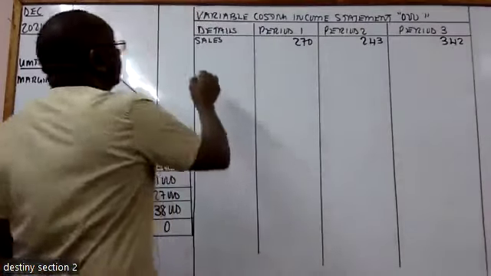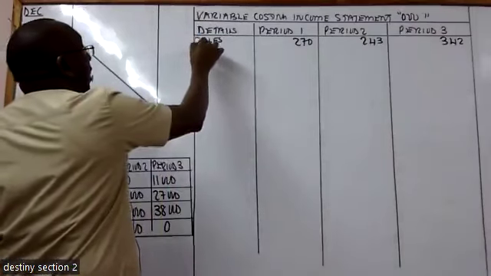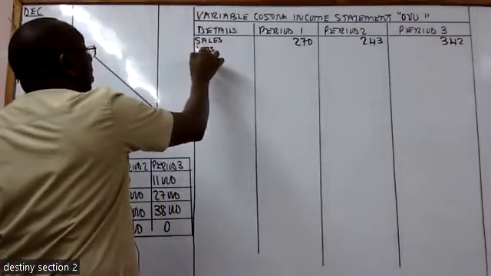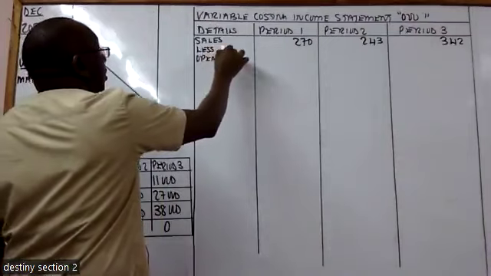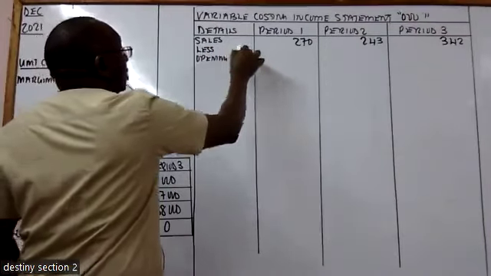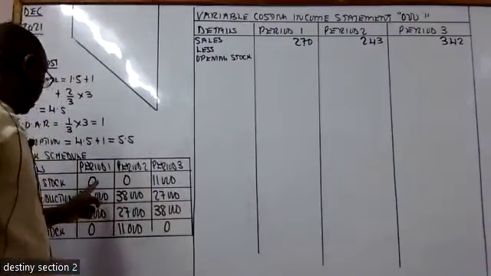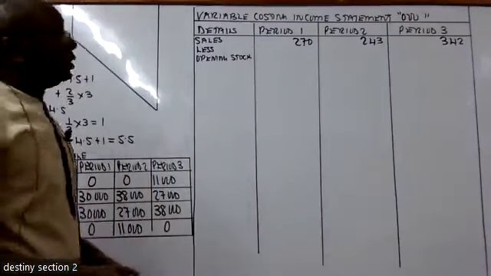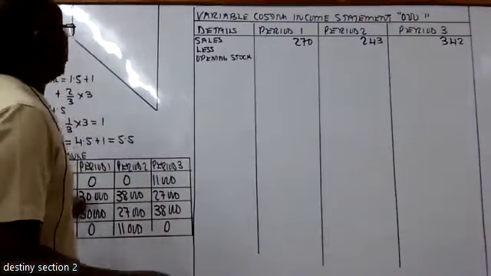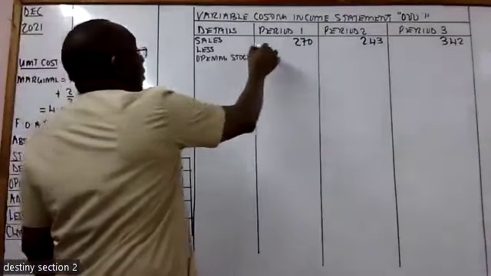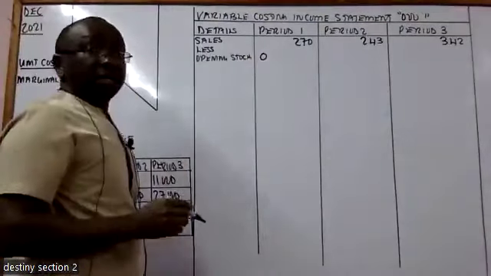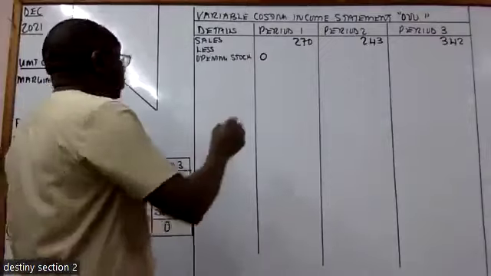Then you say less opening stock. The opening stock in the first period is 0, so 0 times 4.5 is 0. In the second period it is also 0.